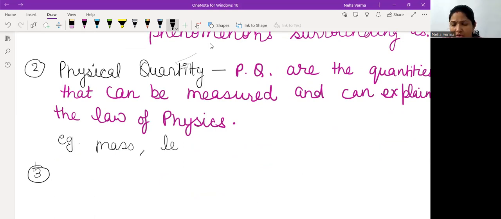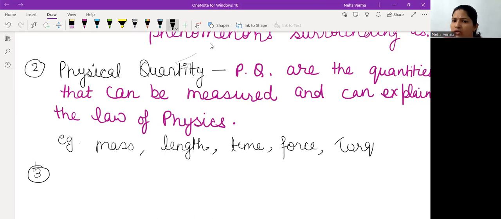Length, you always give the measurement of length, it is 3 meter length or 3 kilometer distance. Time, force, torque. So these all are called physical quantities because this terminology explains the measurement of some phenomena that are applied, that explains law of physics.